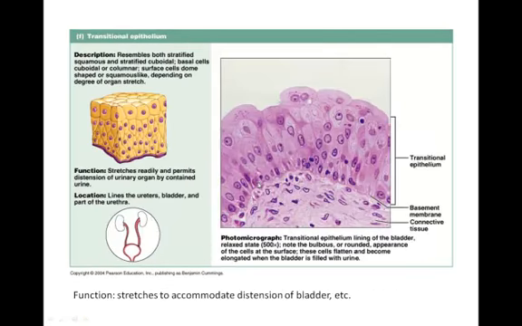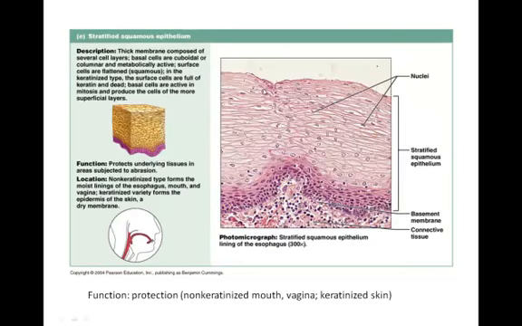But here we go back to our transitional epithelium. It's called transitional because sometimes it looks like this with these big dome-like cells at the surface. They're very dome-shaped, and sometimes it looks like they have two nuclei in them. That's what I always look for. But it transitions between looking like this when there's no urine in the bladder to looking like this, thin and stretched out when there is urine in the bladder.